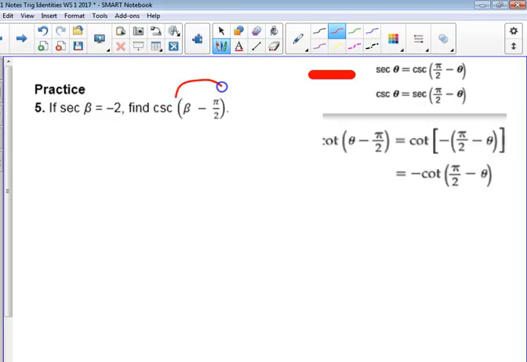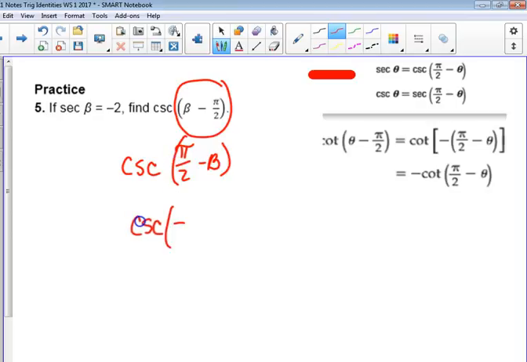What is this supposed to be? It's supposed to be pi over 2 minus beta, right? So they've switched the order here. Switching the order on a subtraction is taking the opposite. So we need to take the opposite of this to get back to theirs.